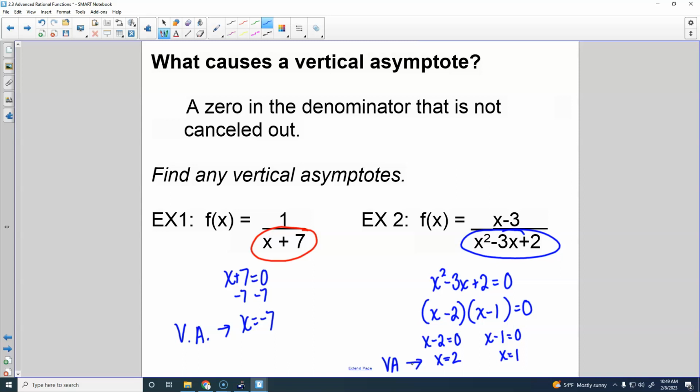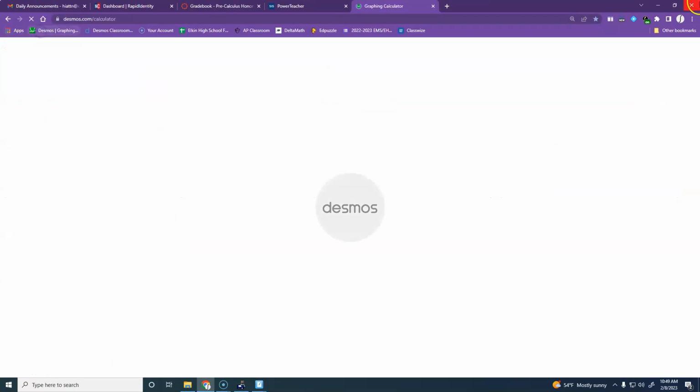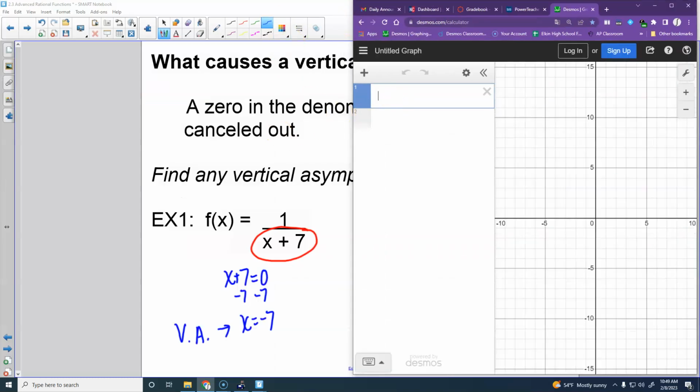When you work on this for your homework, you are welcome to go over here to Desmos and type this stuff in.